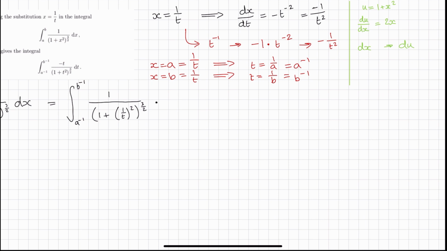Which when we rearrange, we would get 1 over 2x du equals dx, and then we would replace our dx with what was on the left.